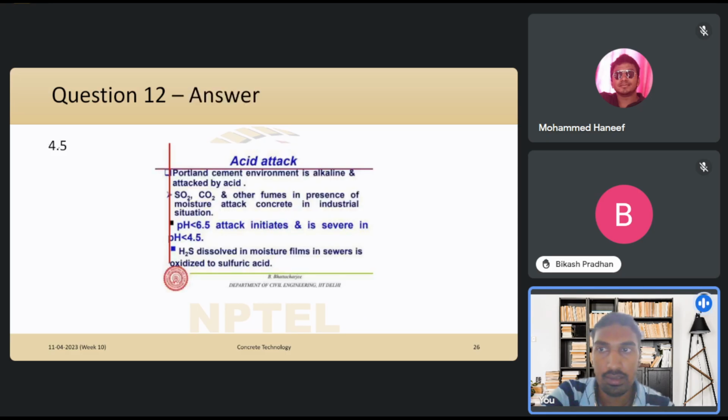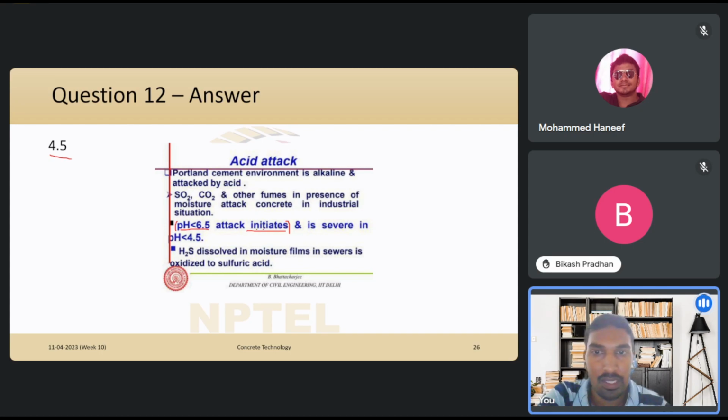So the right answer is actually 4.5. Here we are looking at acid attack, which means that the pH has to be less than 7, so that it will be acidic. Your acid attack will be initiated when your pH goes below 6.5. But here we are looking at when it becomes more severe.